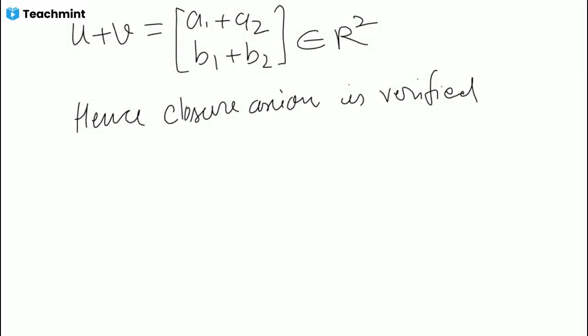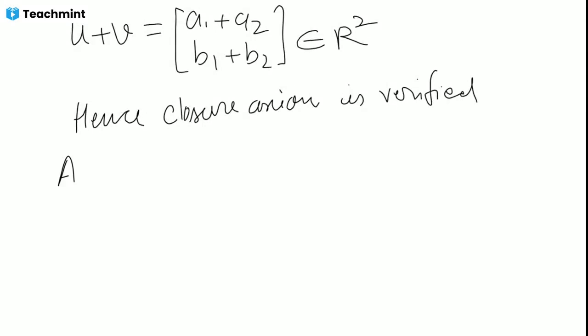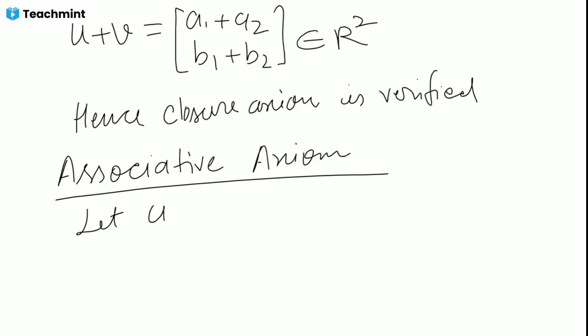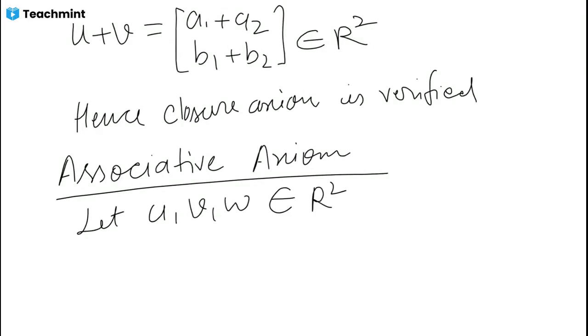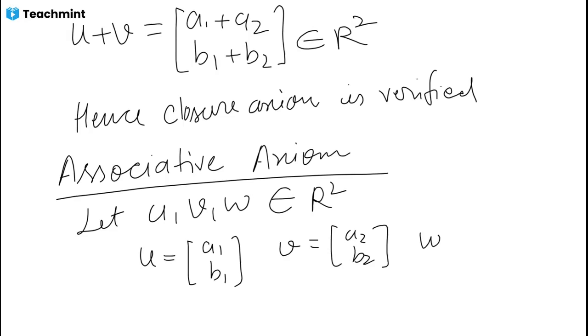Next, associative axiom. Let U, V, and W belong to this R2, then we are taking U equal to A1, B1, V equal to A2, B2, and W equal to A3, B3.